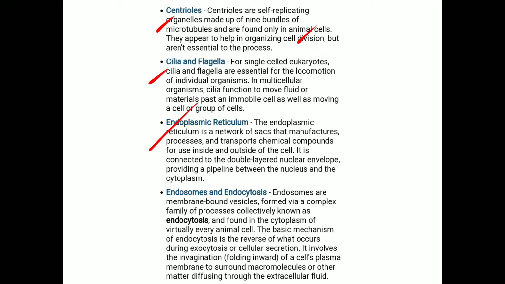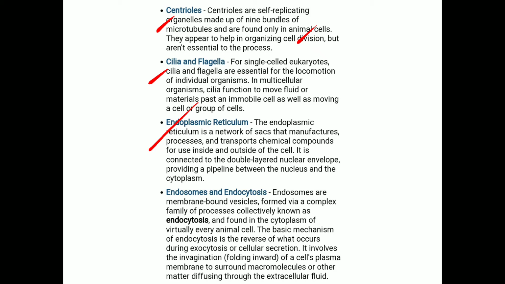After that, endoplasmic reticulum. Here there are two types: rough endoplasmic reticulum and smooth endoplasmic reticulum. The rough endoplasmic reticulum has ribosomes on the surface of the structure. Smooth endoplasmic reticulum has no ribosomes on the surface. Rough endoplasmic reticulum is involved in protein synthesis. Why? Because it has ribosomes.